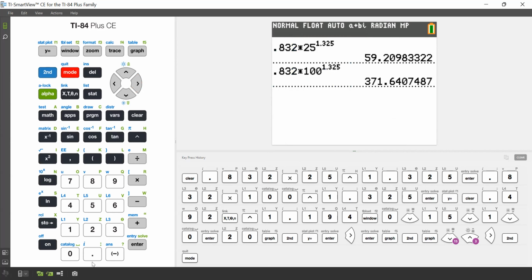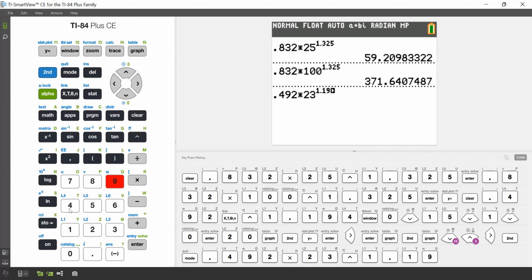I'm going to take 0.492 times 23 to the 1.194. Same answer, right? Same answer.